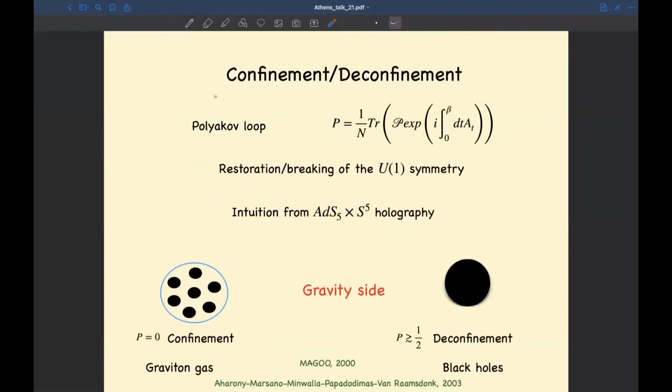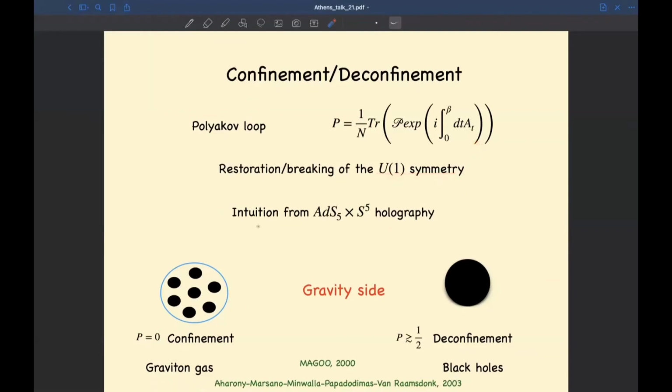So now I'm switching to discuss a little bit the confinement and deconfinement transition. An order parameter to distinguish between these two phases is the Polyakov loop, defined as this. Here P is the path ordering, while A is the gauge field. Now, restoration or breaking of the U(1) symmetry, which is a symmetry of the Polyakov loop, signals a phase transition from confinement to deconfinement.